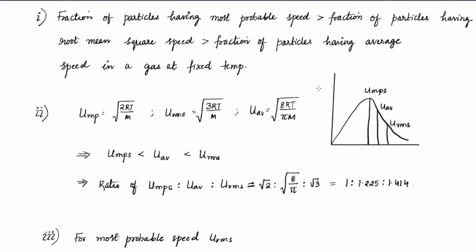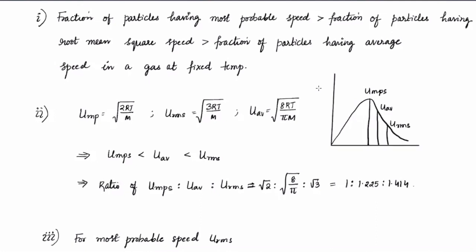Right. Now coming to the application of the speeds, U RMS, U most probable and U average. Where do we use this? First of all, if you check the values, we know that U RMS is the highest, which is root of 3RT by M. Then comes U average, then comes U MP.